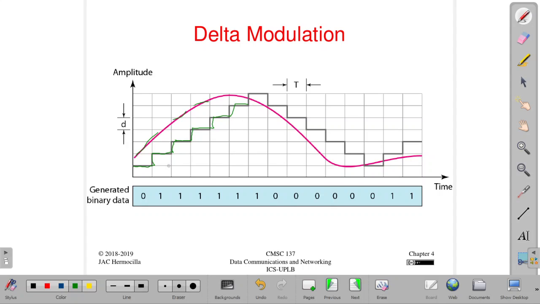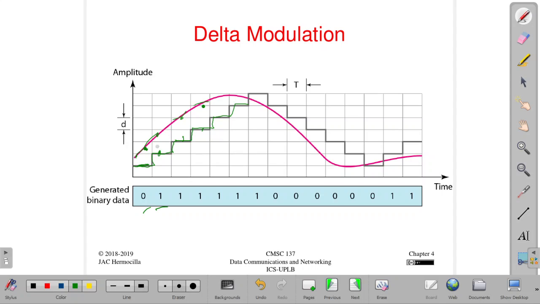So what it does is to compare this point here with the values on the staircase wave, okay? And then if it is positive, then we get 1. If it is not, we get a 0. So there is a certain threshold used.